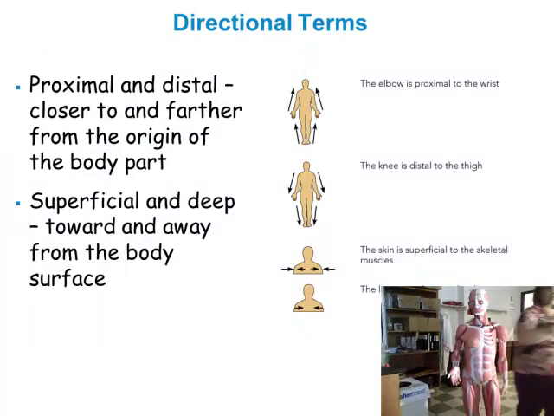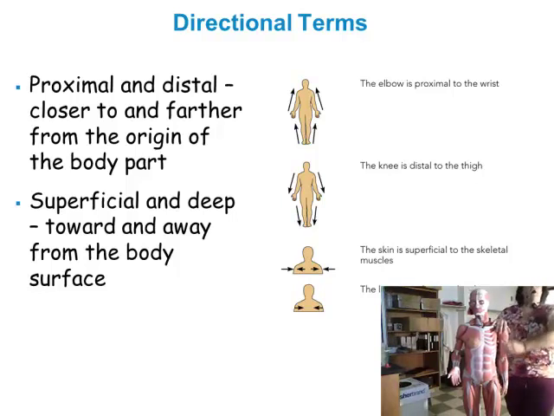One that's a bit more complicated is proximal and distal. Proximal and distal we usually reserve for anatomical descriptions and directions having to do with the limbs. So having to do with where on the limb something is, given as being closer to the origin of the limb or further away from the origin of the limb.